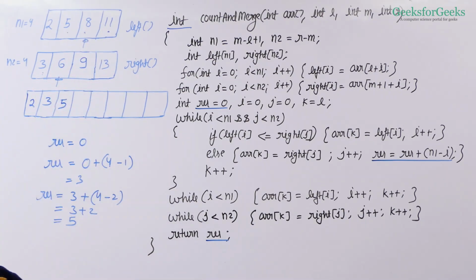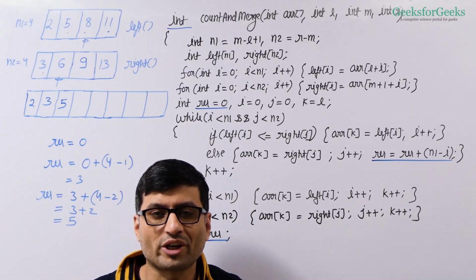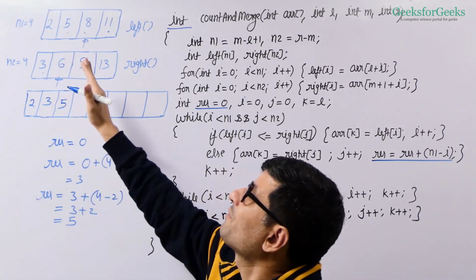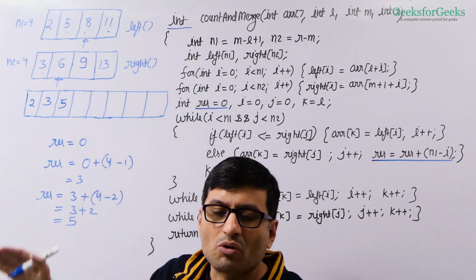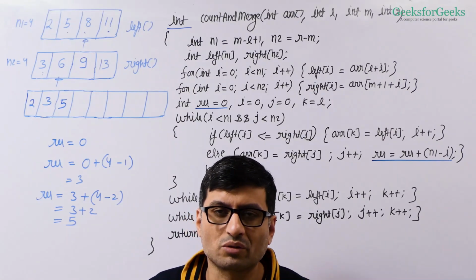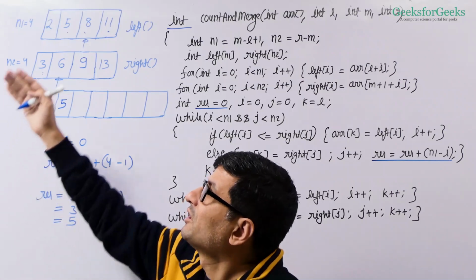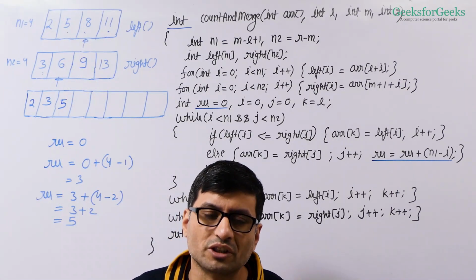And here you can notice also an advantage of sorting. What is the advantage we are getting with the sorted arrays? Whenever we see an element from the left array which is greater than an element on the right array, we are counting many inversions together in one go. Imagine arrays of size thousands each. So your total array is of size 2000 and left and right are 1000 each.